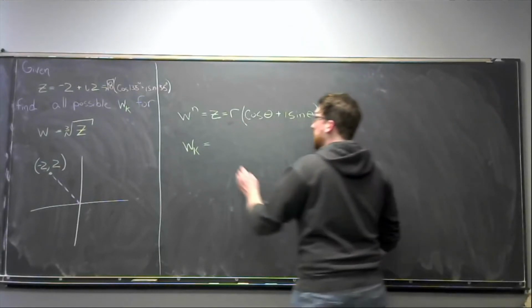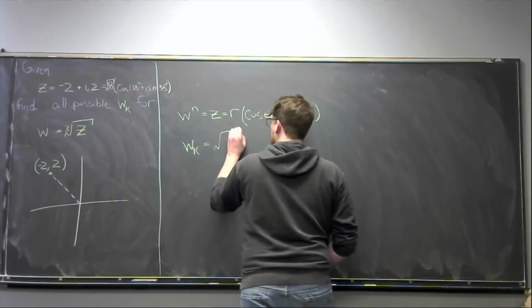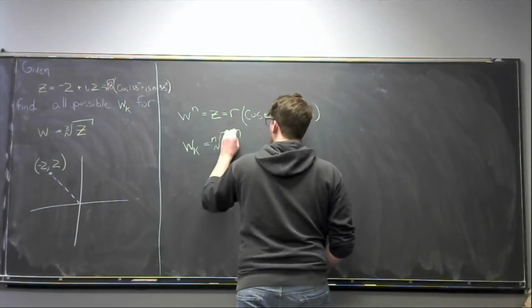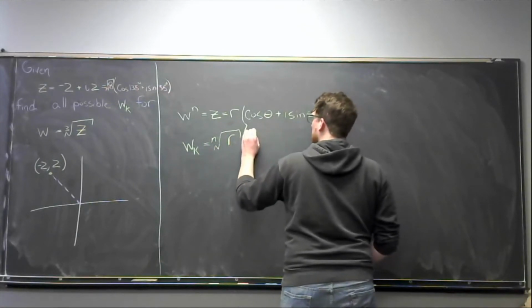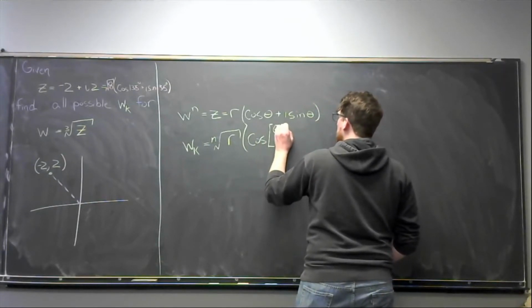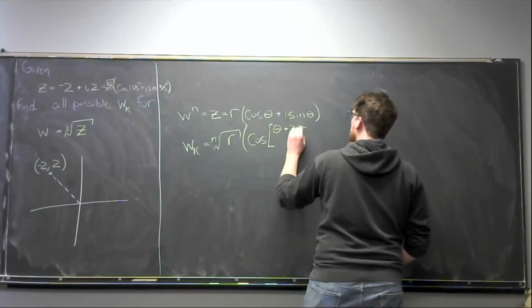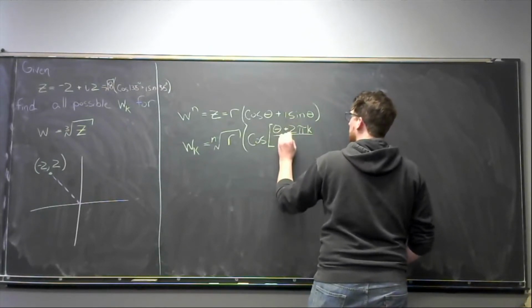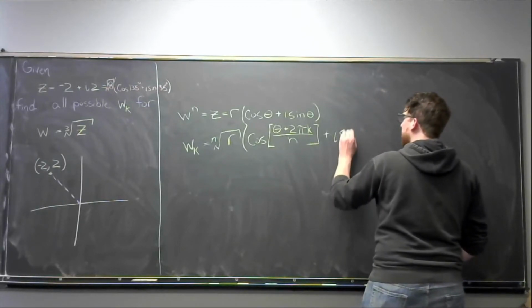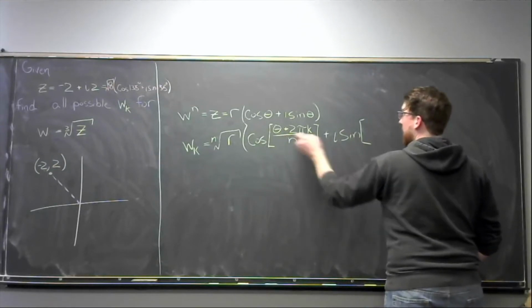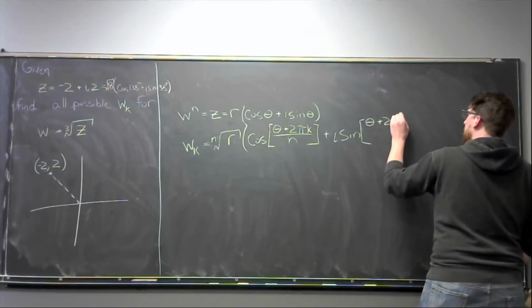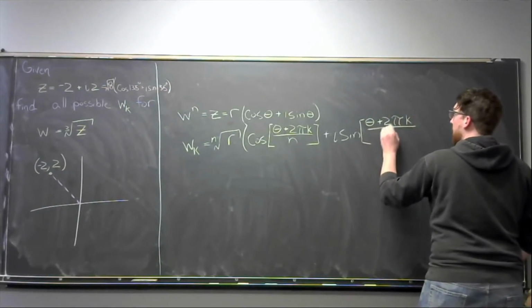And all of those came out to be the nth root of r times cosine of our original angle plus 2 pi k divided by n plus i sine, my mistake, i sine of our original angle plus 2 pi k, all divided by n.